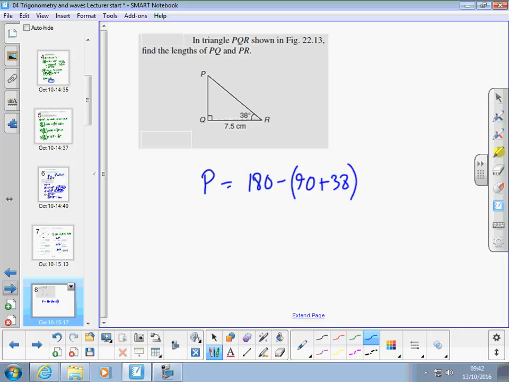So the two angles are there. Add them together and take them off 180. Which is 90 and 38 is 128. So we're talking about 52 degrees. Am I right? The question didn't ask you to find that, but we don't need to fiddle around with a ratio trying to find that angle. Just the remainder of 180 degrees.